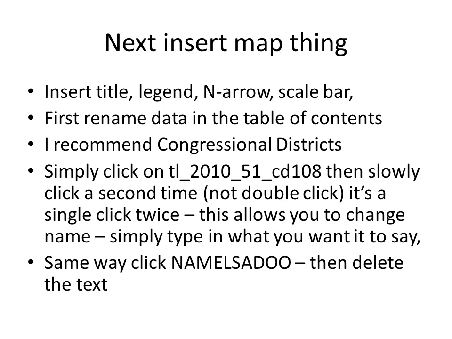That slow second click will make the text editable, and then you can simply type in what you want. Do the exact same thing for the field right below the TL 2010-51 name, where it says NAME_SALDO. Simply do the same slow two clicks, and once it is editable, delete that text.